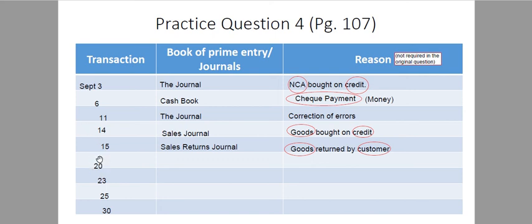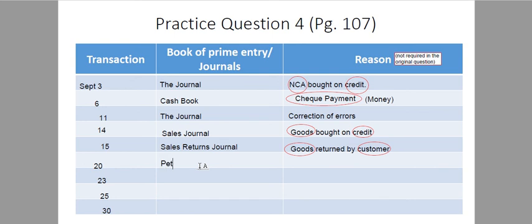Then on 20th, a voucher showed the purchase of postage stamps. Now you see the word voucher, that's normally used for petty cash book, if you remember. And also another indication is that it's only for the postage stamps. So it's a very small expense, so it's a small payment, and it's a voucher, so the petty cash book.